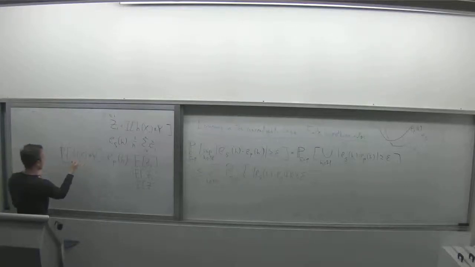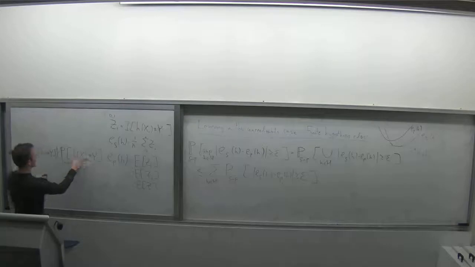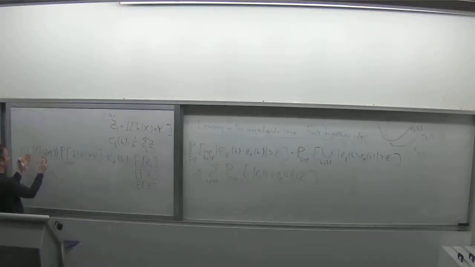So this is the probability of this event. Because it's a 0,1 number, it's exactly the same as the expected value of the indicator of h(x) not equal to y. The probability that this will happen is the same as saying 0 or 1, whether it happens or not, and taking the expected value.